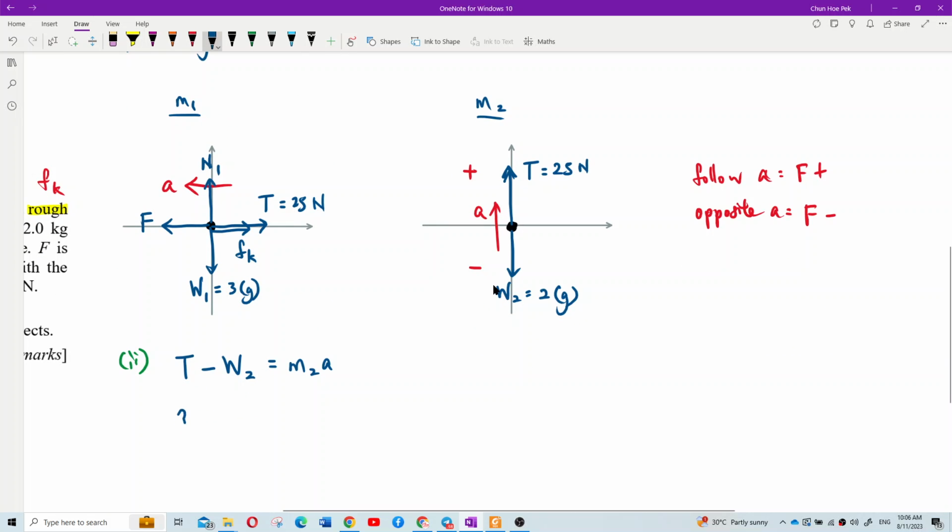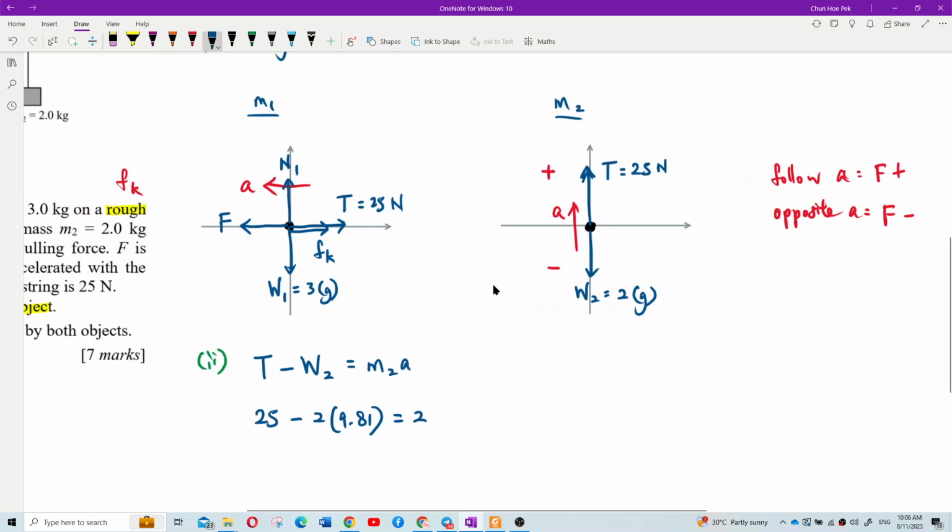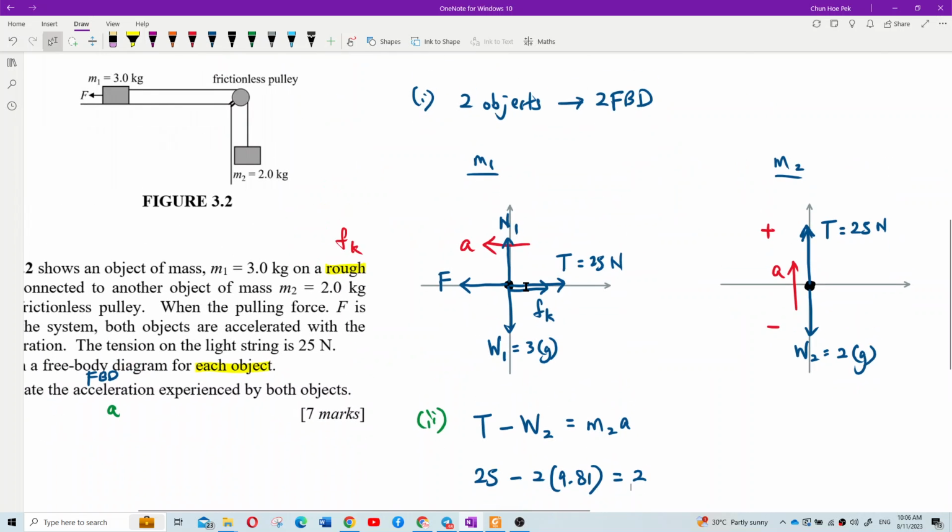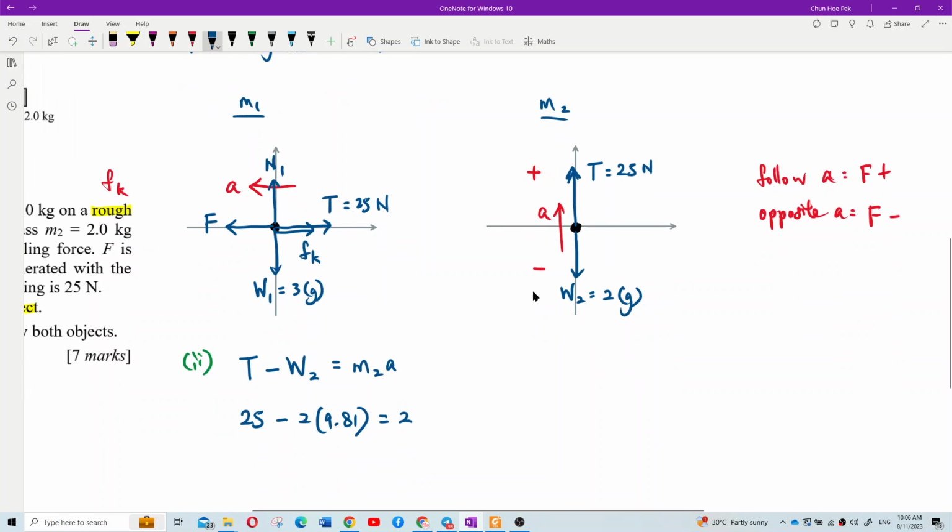So 25 Newton minus 9.81, g is 9.81, equals mass 2 kilogram times A. So what is the acceleration A, class? 25 minus 2 multiply 9.81.